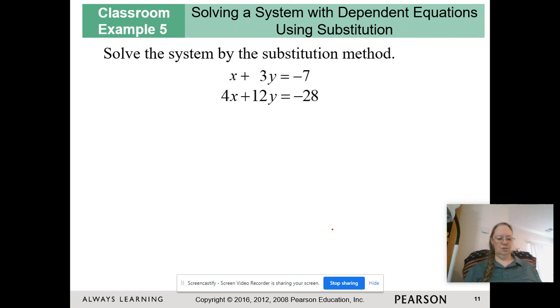All right, let's see. This one, we've got an x with a coefficient of 1, but this is 3, 4, and 12. So it looks like we're going to solve the first equation for x by subtracting 3y.